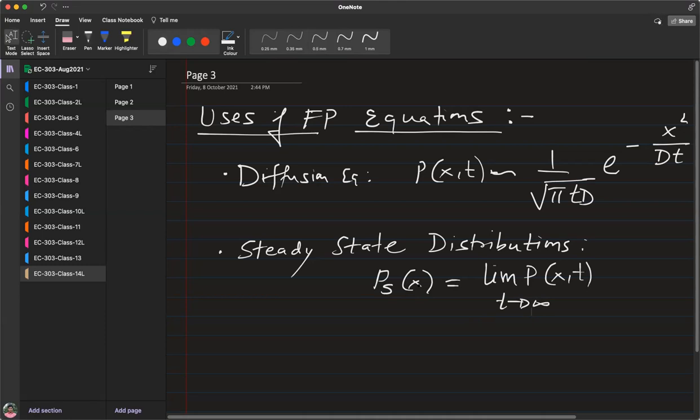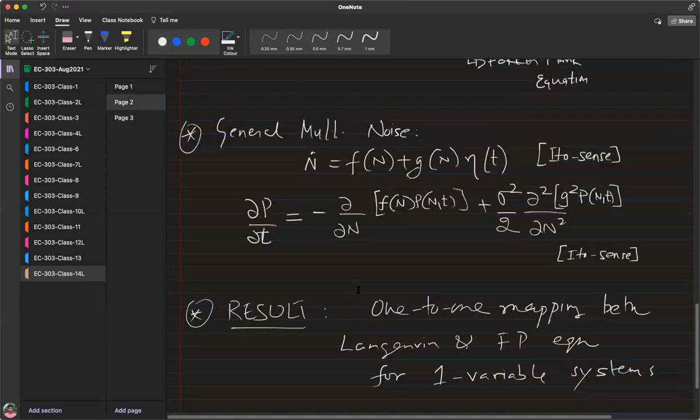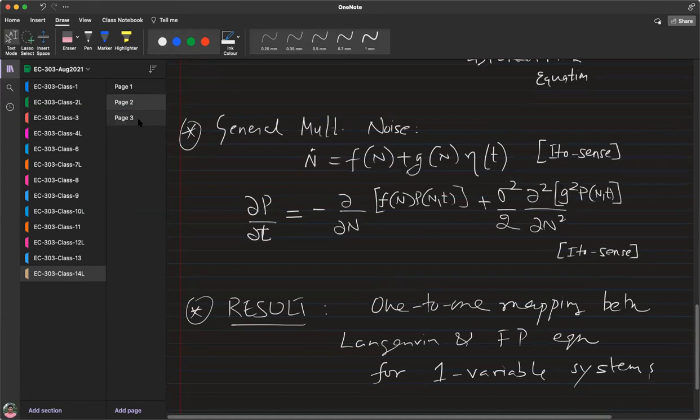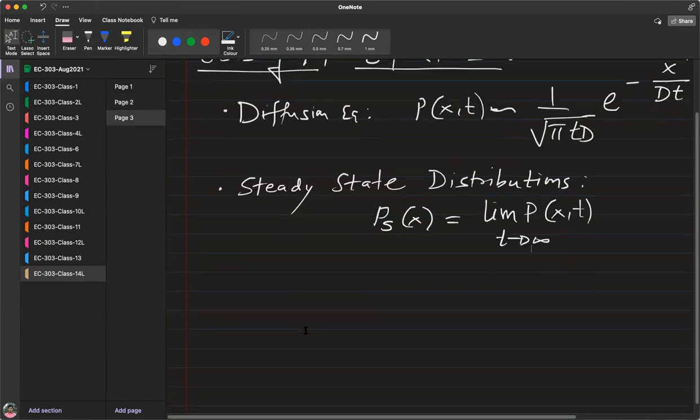That's called the steady state distribution, and that's often very helpful. Now again, without going into any of the mathematics, let me just tell you some results.